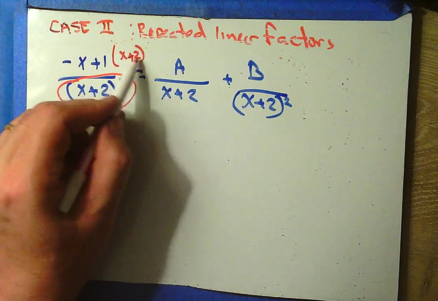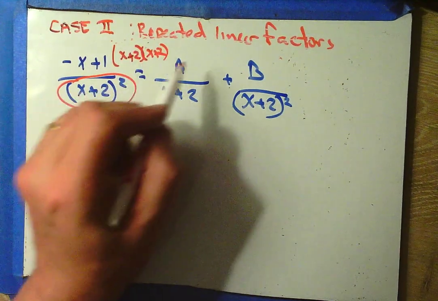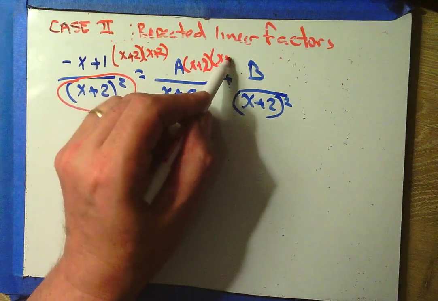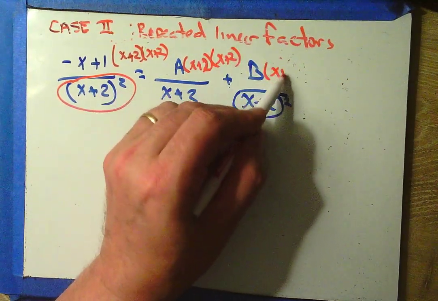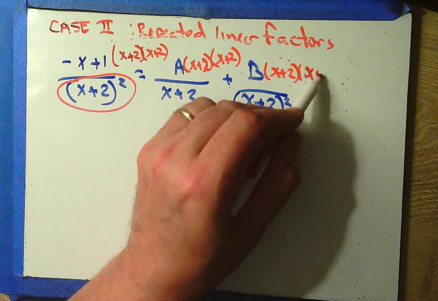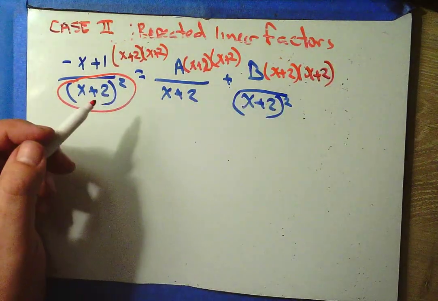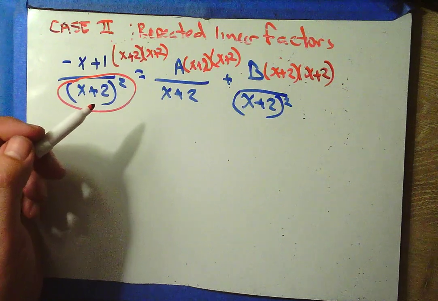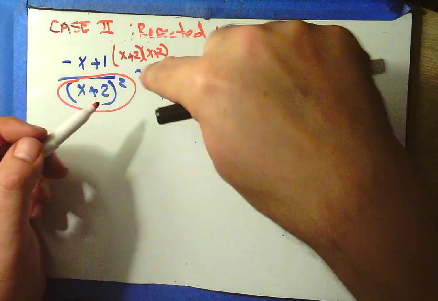x plus 2 squared. Now, I agree, this takes a long time to write out, and I know that many of you are not going to do it. But if you're prone to making little mistakes, I would do this step.